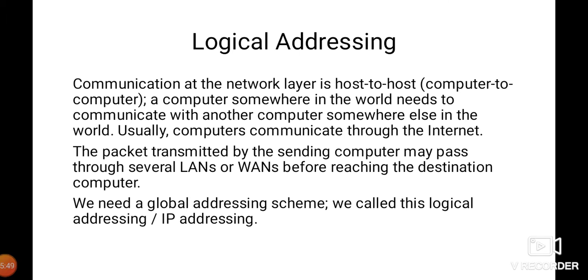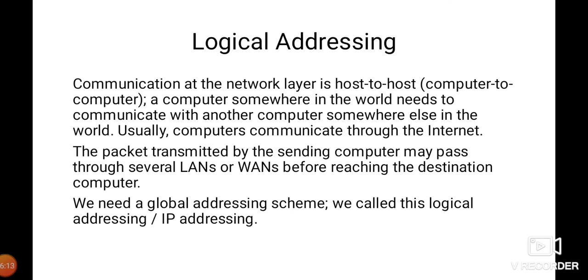Okay, next we will see what logical addressing is. We discussed in the OSI model also that at the network layer we use IP addresses. An IP address is nothing but a logical address, which is the address used by the internet.